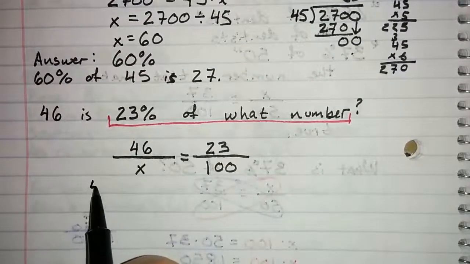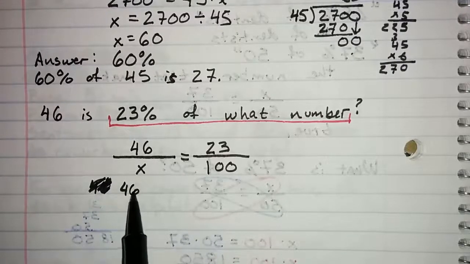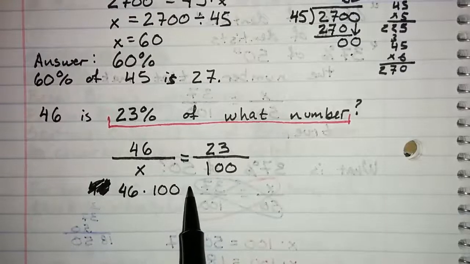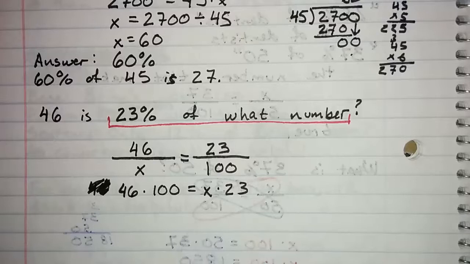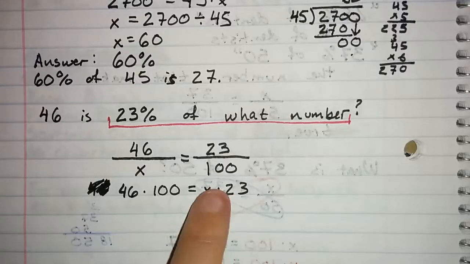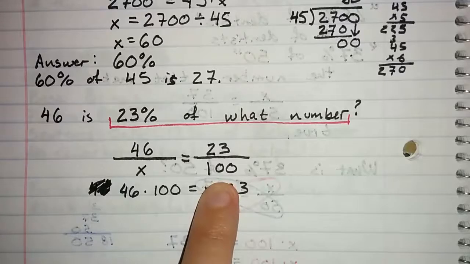All right, to figure this out, I want to look at my cross products. I'll have 46 times 100 equals x times 23. Easy multiplication again. Did you notice that when we're working with percents, we're either going to do easy multiplication or easy division? Right, we're always going to have a 100 here.